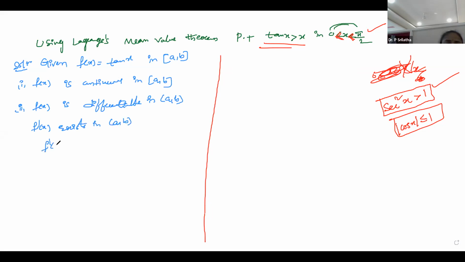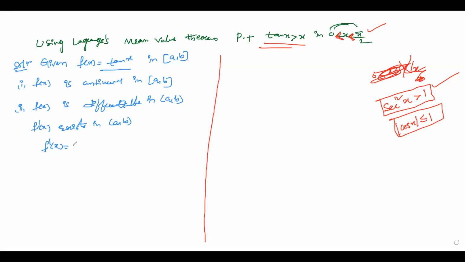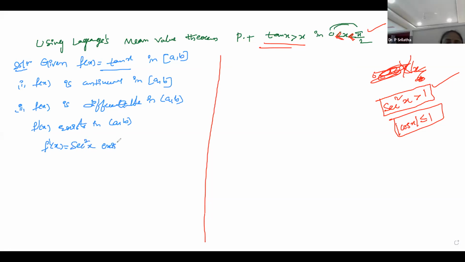So what is f dash of x? F dash of x, where f of x is tan x, is secant square x. That exists in the open interval a comma b.